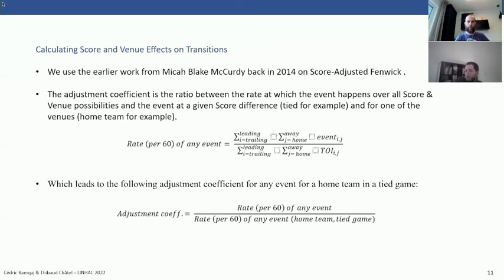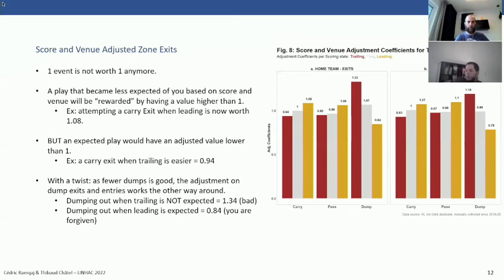If we now take a closer look at the results of these different calculations, we now have events that are not necessarily worth one as before anymore. A play that is now less expected will now weigh more than before. A good example of that would be a carry exit when your team is leading.